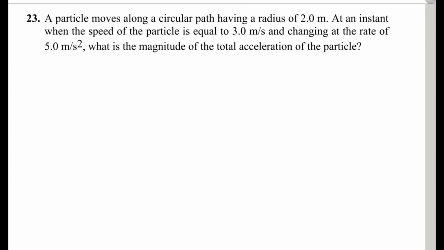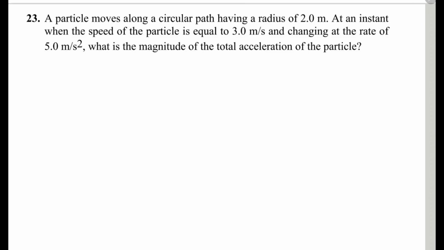A particle moves along a circular path having a radius of 2 meters at an instant when the speed of the particle is equal to 3 meters per second and changing at the rate of 5 meters per second squared. What is the magnitude of the total acceleration of the particle?